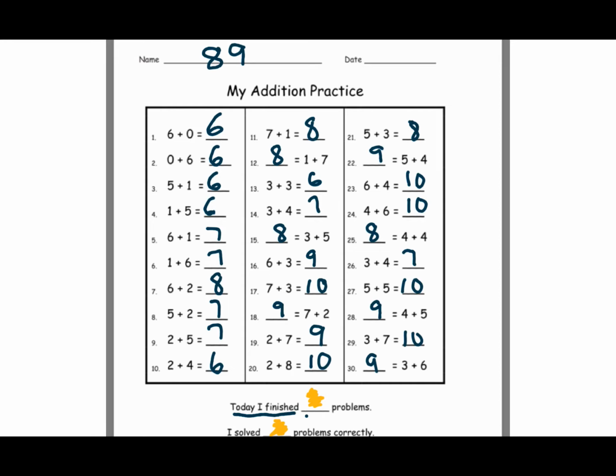Then, boys and girls, I want you to put how many you answered correctly in the star up above. Remember that number because tomorrow we will take another fluency test. Okay?